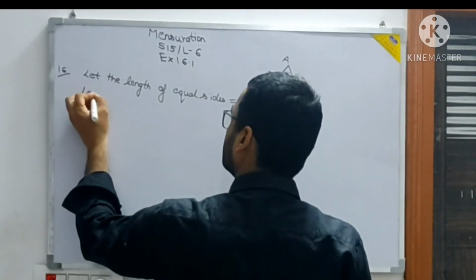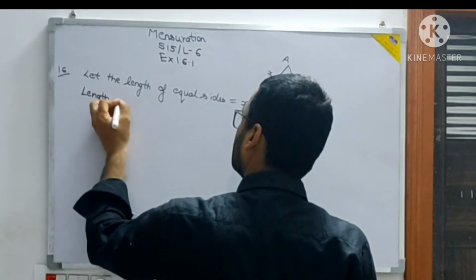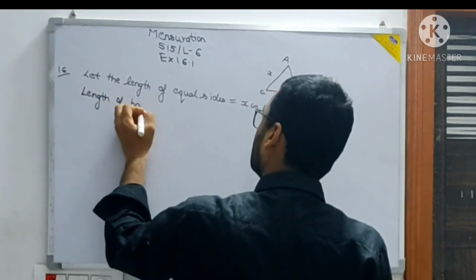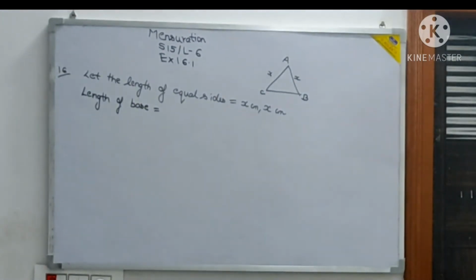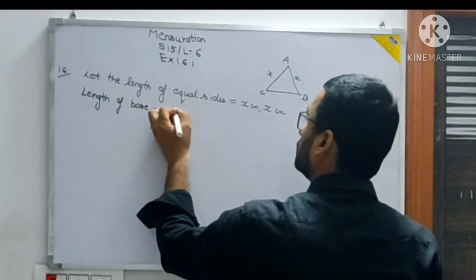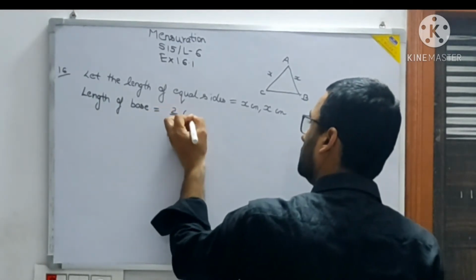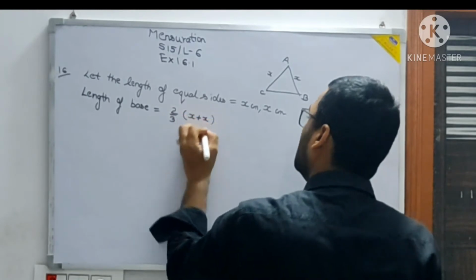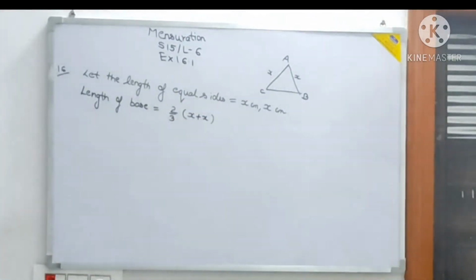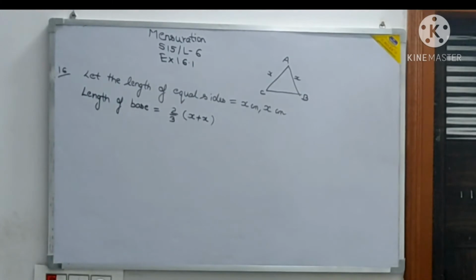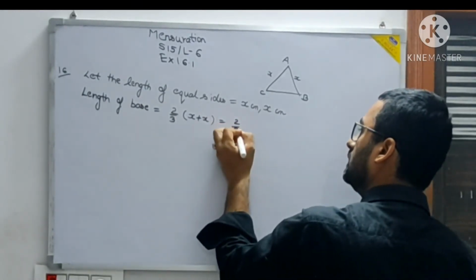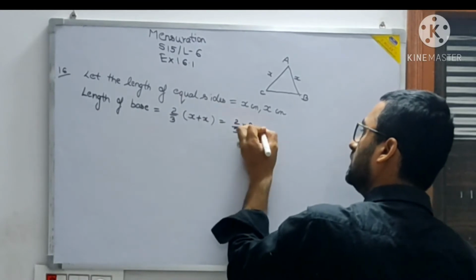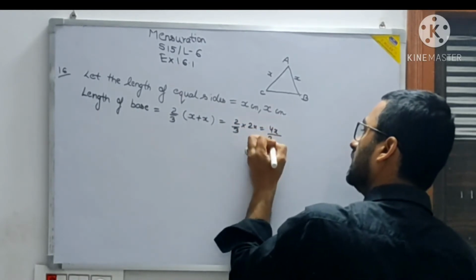It's given that the length of base is 2/3 the sum of the equal sides. Here this interpretation is important. Length of the base is 2/3 the sum of the equal sides. So this means 2/3 into 2x, that means 4x by 3.